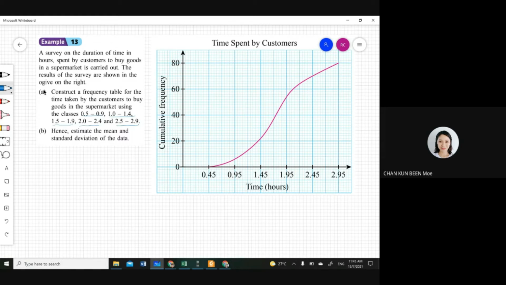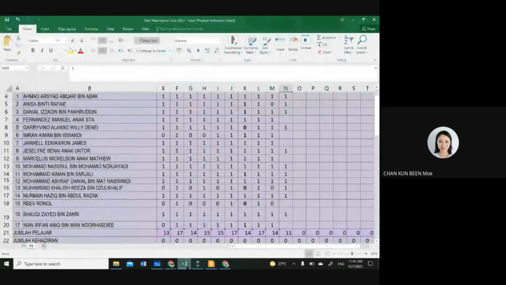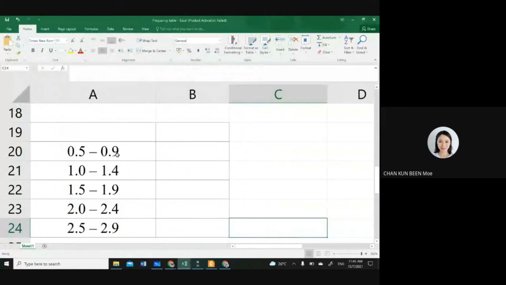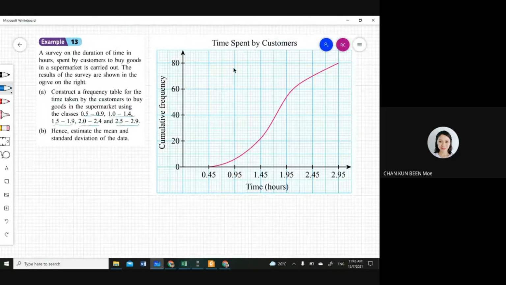I'm going to show you the frequency table over here. Okay, this one. So this is what we have from the 5 classes given at first. Now you have to figure out these 5 classes represent what? What is the title for the 5 classes over here? So refer to this. If you refer to the graph over here, this is the time in hours.